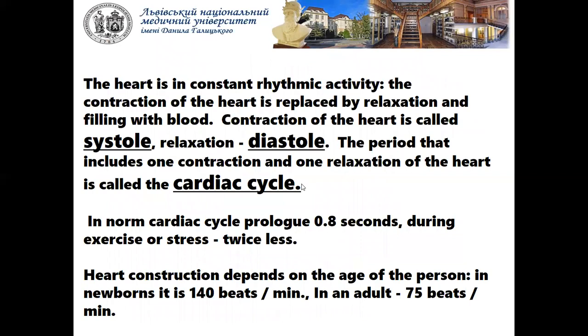So, what about systole and diastole? What does it mean? The heart is in constant rhythmic activity. Like I said previously, the contraction of the heart is called systole. Since the heart has four chambers, two atria and two ventricles, first we have the contraction of the atria, the atrial systole, and after this the systole of the ventricles.